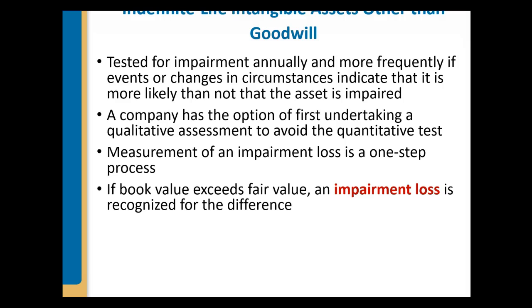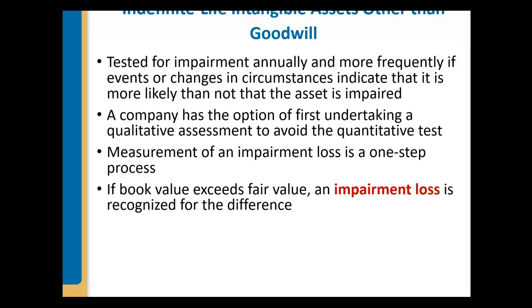The measurement of an impairment loss for indefinite life intangible assets other than goodwill is a one-step process. We compare the fair value of the asset with its book value. If book value exceeds fair value, an impairment loss is recognized for the difference. Notice that we omit the recoverability test with these assets because we anticipate cash flows to continue indefinitely.